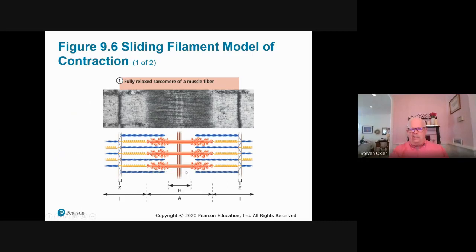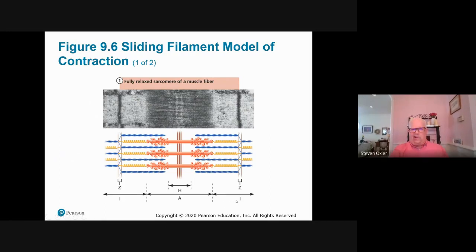Here is a muscle fiber at rest. This is myosin. This is actin. This is a Z disc from here to here. This is an H zone. This is an I band. This is an A band, and this is an I band.